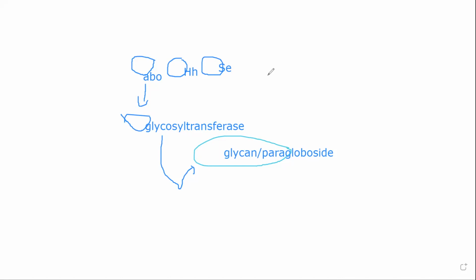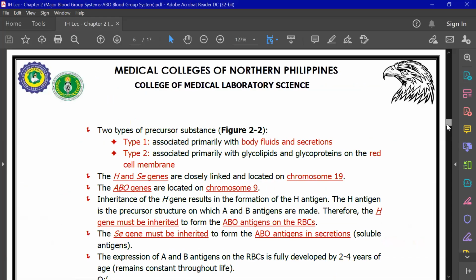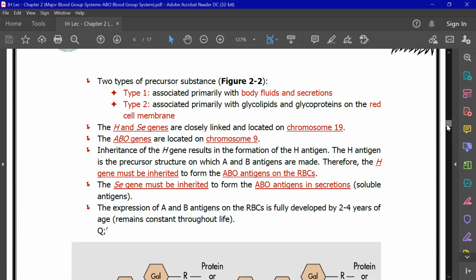So walang nagtatanong. So I am assuming na naintindihan nyo yung general concept ng formation of your A, B, and H antigens. I assume naintindihan yung lahat. So let's proceed now to the next. Okay.